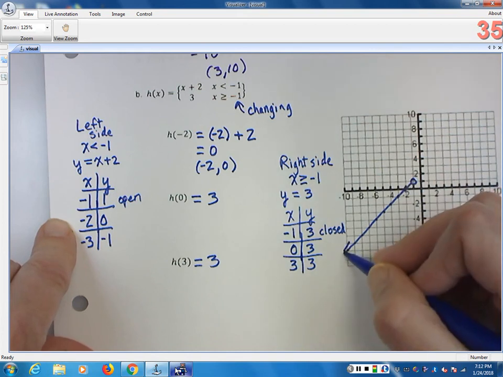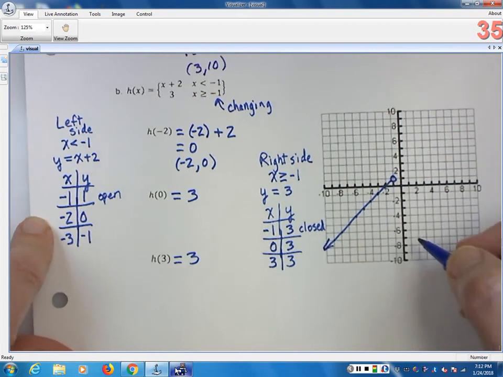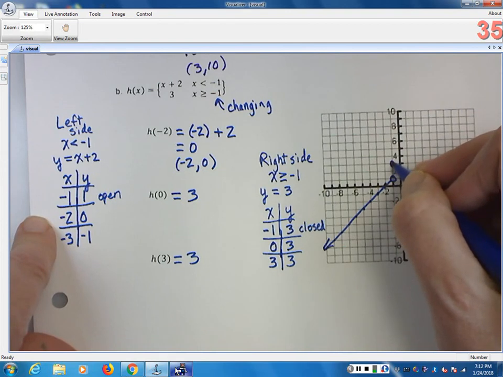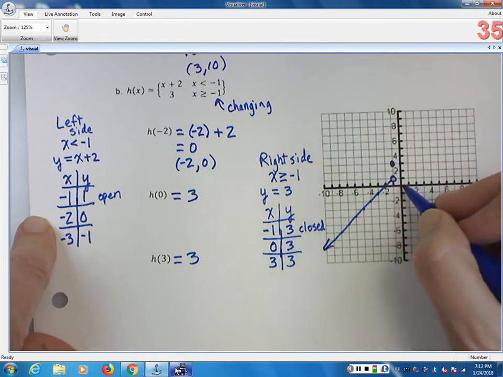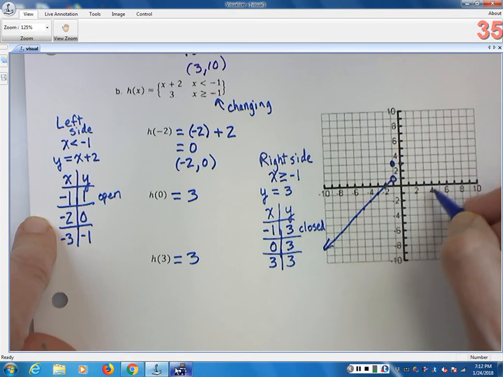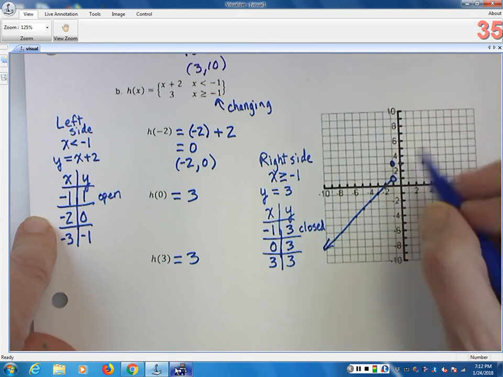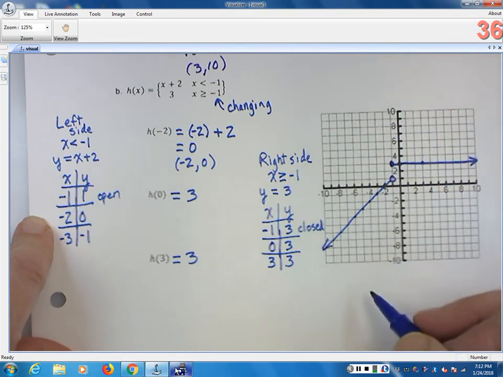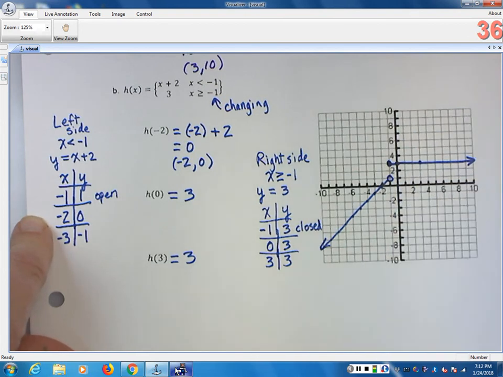That's the left side. The right side: negative 1, positive 3; 0, 3; 3, 3, and that's a horizontal line, and it starts here at this closed circle. And there's our function. So that's the way you should do those.